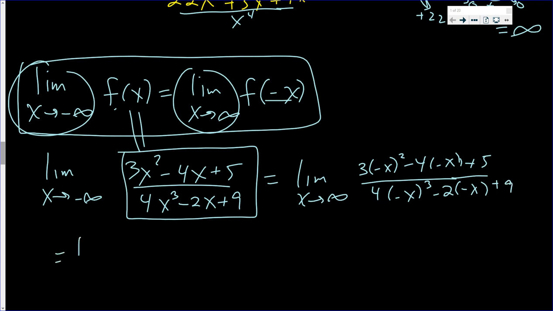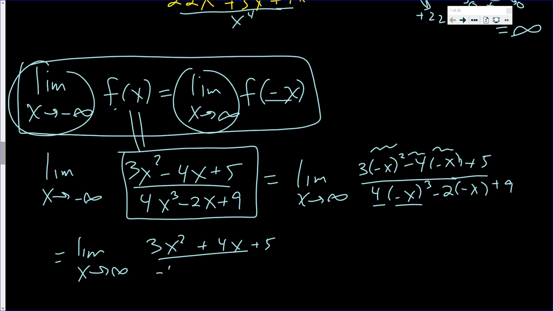Let us calculate that more carefully. Negative x squared is x squared, so we have 3x squared. Negative 4 times negative x is positive 4x plus the 5. Negative x cubed is negative x cubed times 4 will be negative 4x cubed.